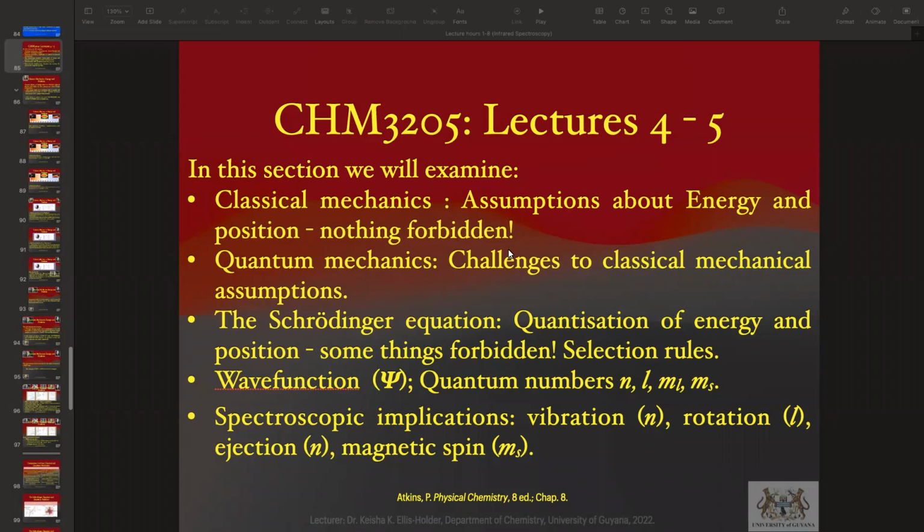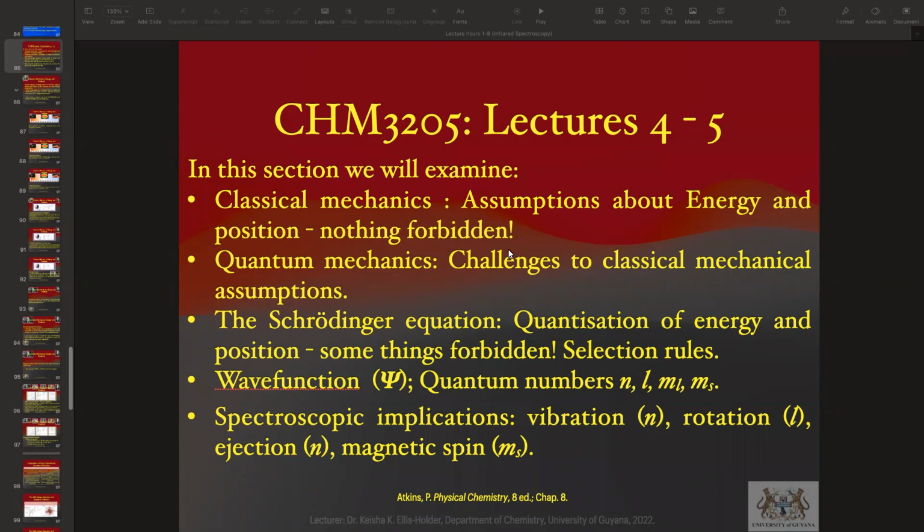And of course, it would be remiss of us to have this type of discussion and not touch on the Schrödinger equation, not from the standpoint of derivatizing it or doing the mathematics, but from the standpoint of its application, its utility, and how it has served to provide us with the tools that we are now able to rely on so consistently in our work. All right.